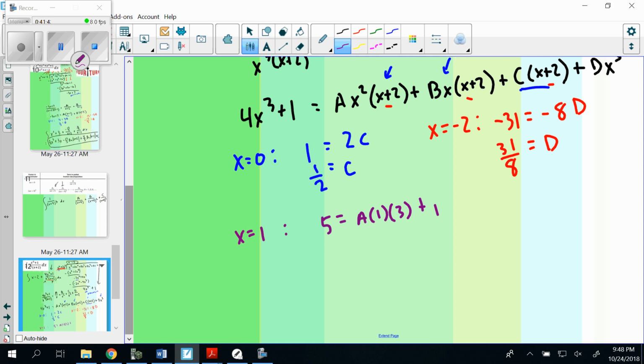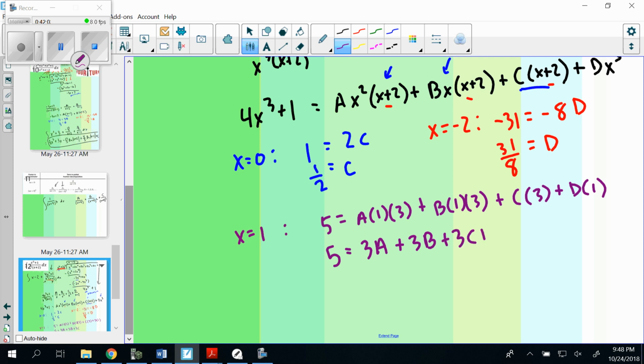Again, nothing's going to eliminate here. If we plugged 1 in the next one, we get that. If we plugged 1 in the next one, we get that. And 1 in the last one, we get that. So our equation would come out to be 3A plus 3B plus 3C plus D.